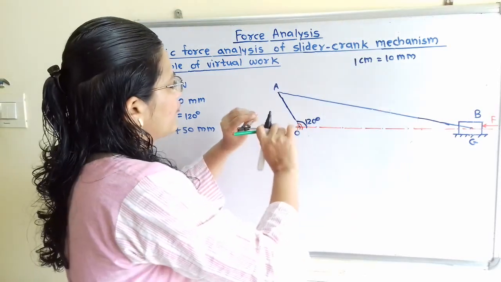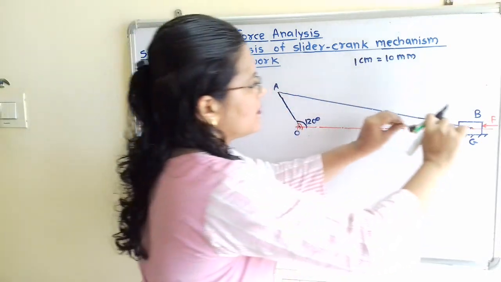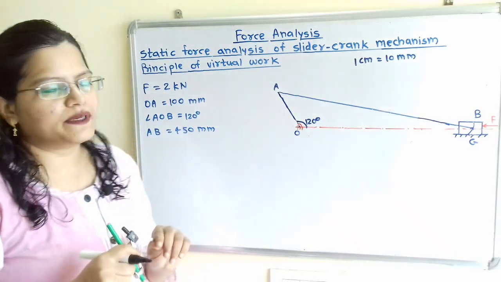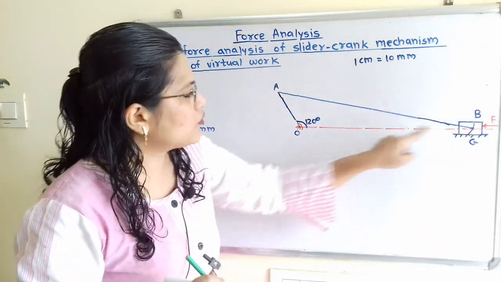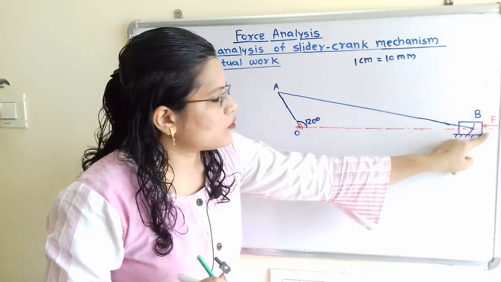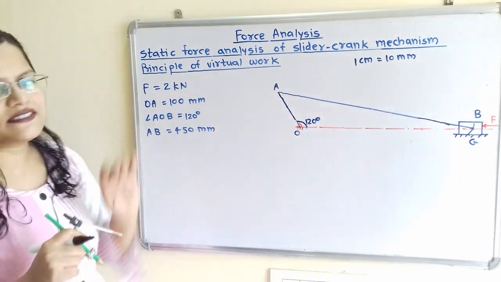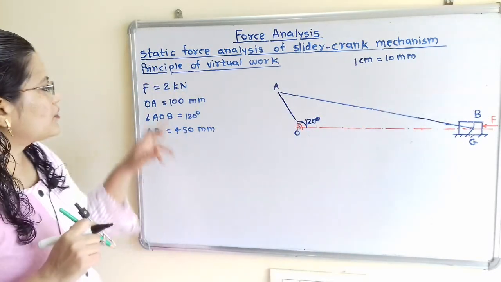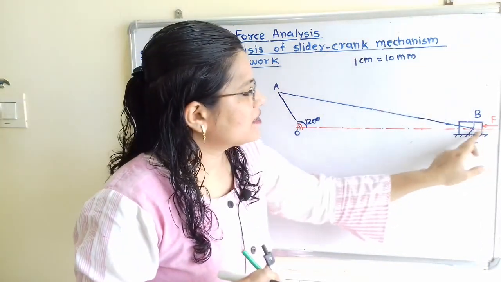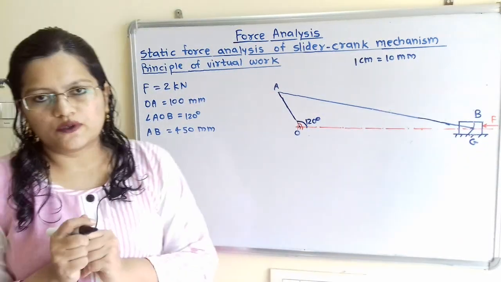So we will take center as A and at 45 centimeter we will mark here one arc, and this arc will give us the point B. So the point of intersection of this horizontal line and this arc is nothing but point B, and at this location we have to draw here one slider. So in this way this diagram is getting completed. Now the applied force is given 2 kilonewton. So on this slider there is the force F to be applied, and that is equal to 2 kilonewton.